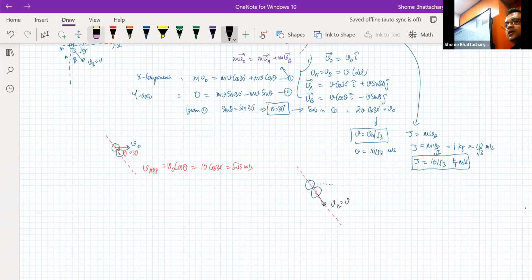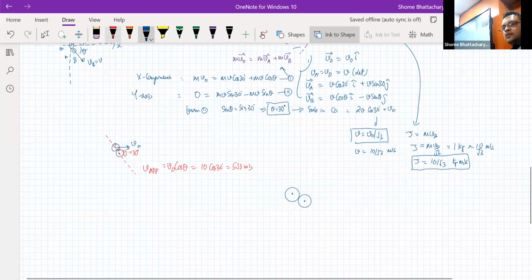So actually, I'll redraw this diagram. This angle is 30, so it should look smaller. So let me draw this diagram better. This sphere is probably somewhere here, so that the impact line is at a relatively small angle.